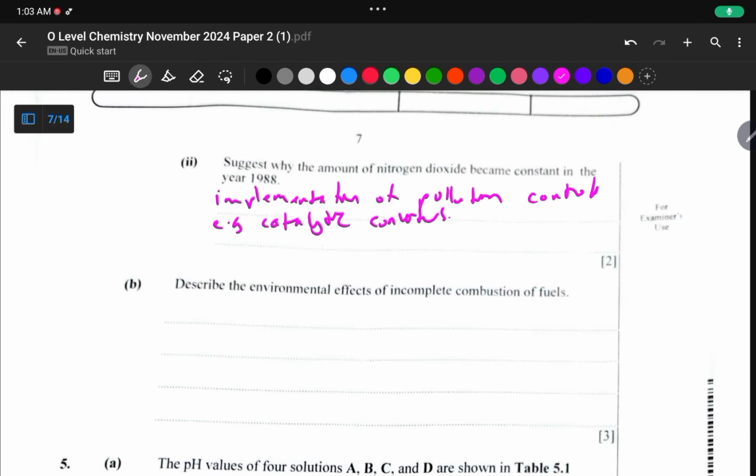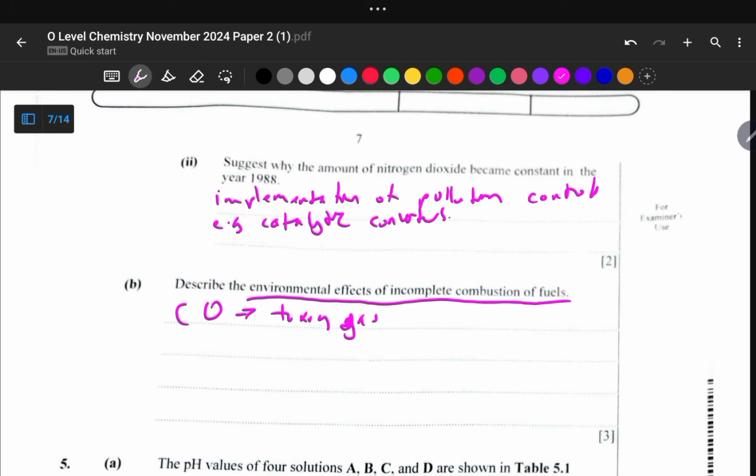The next part says describe the environmental effects of incomplete combustion of fuels. So there is production of carbon monoxide, which is a very toxic gas, right? Carbon monoxide binds to hemoglobin in an irreversible reaction, forming what we call carboxyhemoglobin, which reduces the oxygen transportation in the body, right?